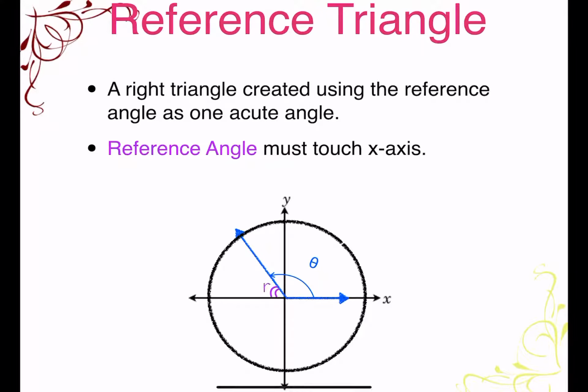Now, in this particular example, to draw in the reference triangle, I'm really just going to drop a vertical line straight down from where the terminal ray intersects the circle to the x-axis. And there I have my reference triangle. You can pause the video there, take notes if you need to.